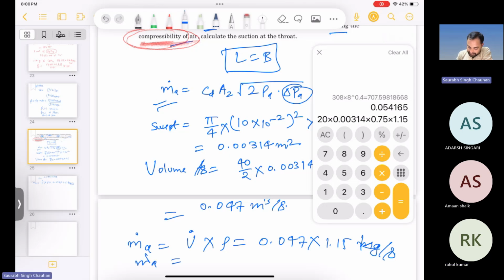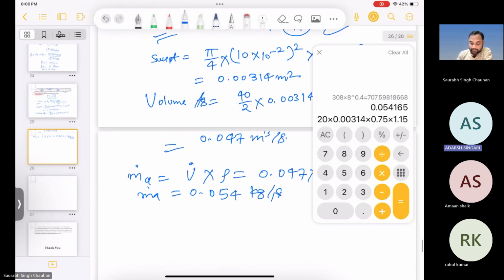So mass flow rate is coming out to be 0.054 meter cube, sorry, kilogram per second. Kg per second. Okay.